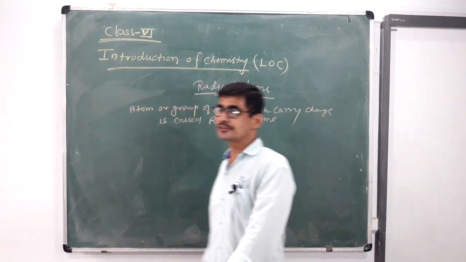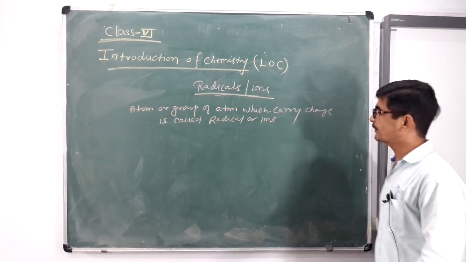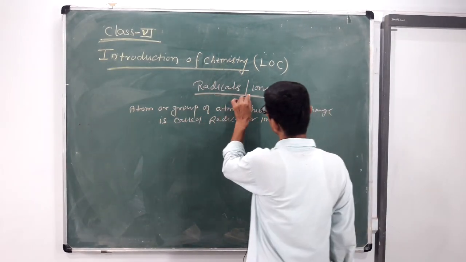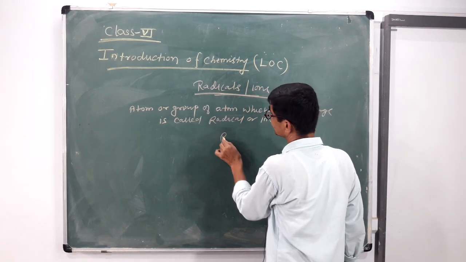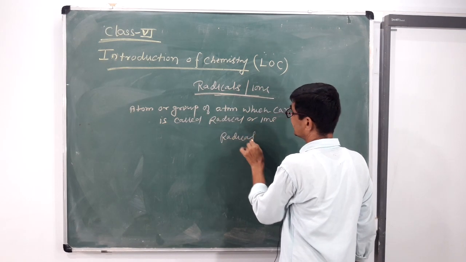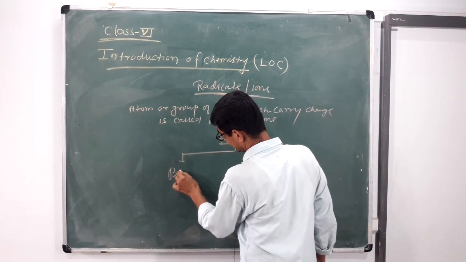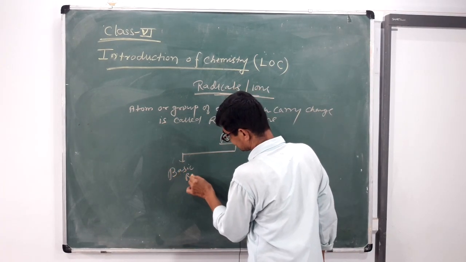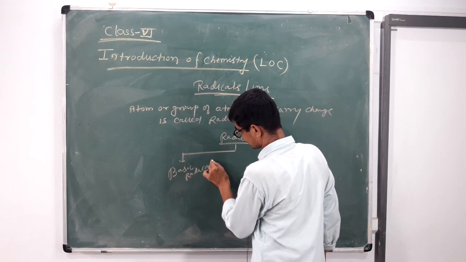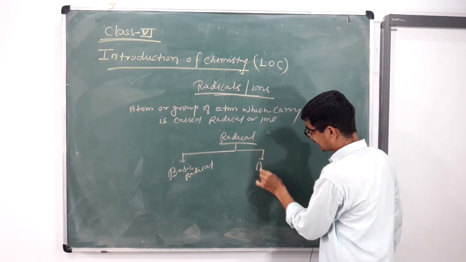As you know that charges are two types, one is positive, another is negative. So based on this, radicals are two types. One is called basic radical, another is acid radical.